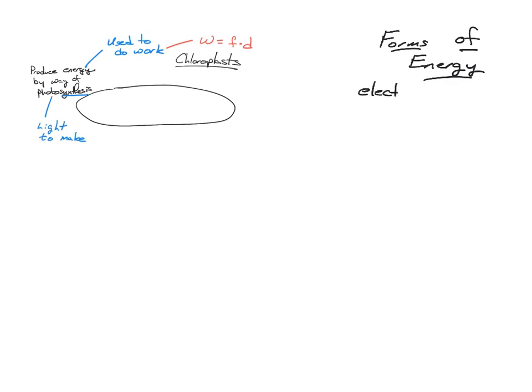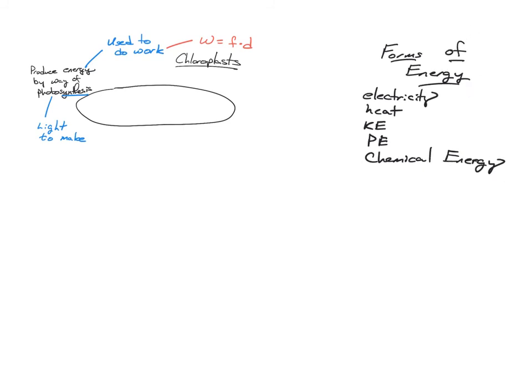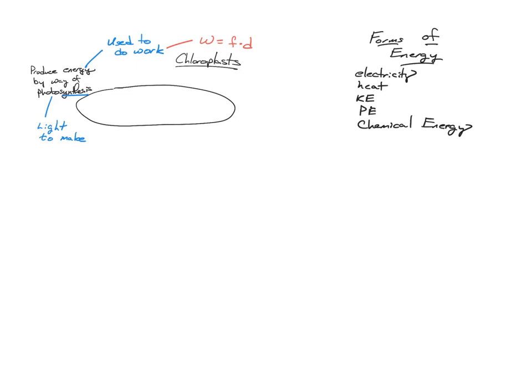Electricity, heat. Let's see, kinetic energy, I like that one. Potential energy. Chemical energy. Of all of these, what do you think is the one we're really interested in when we're talking about chloroplast?